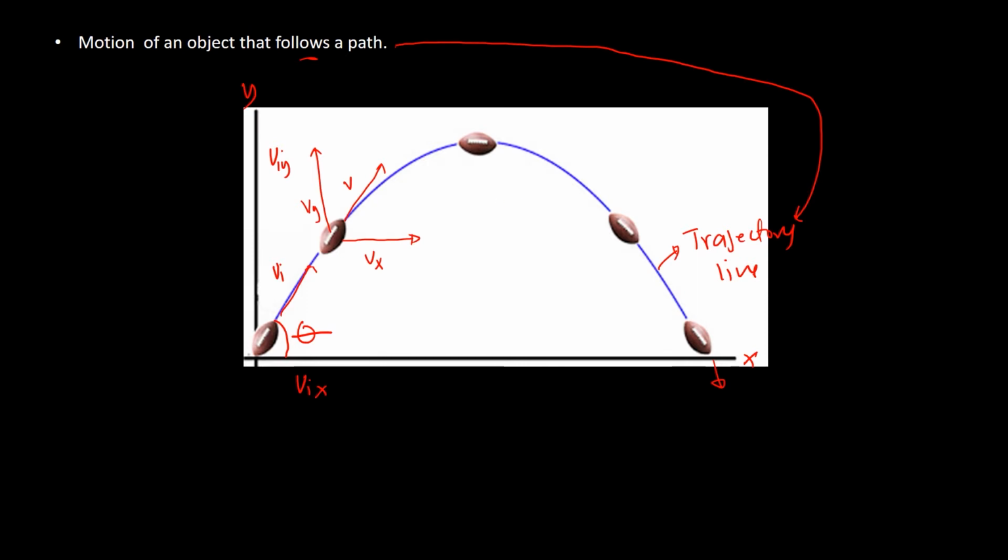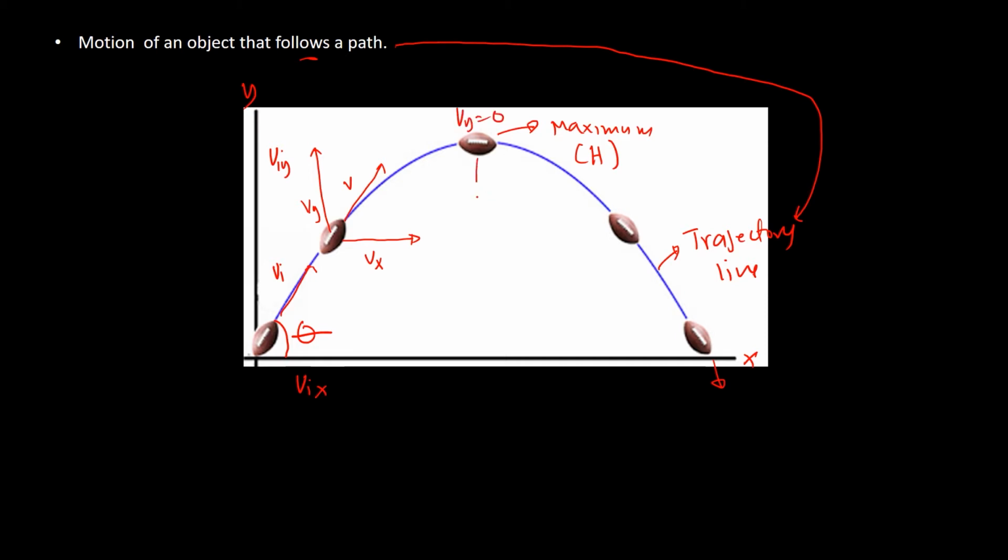The velocity here is still with respect to the velocity at the x-axis and also the velocity at the y-axis. And as the ball moves closer and closer to the maximum height, let us say this one is the maximum height, or big letter H, the velocity along the y component of the ball at the maximum height is equal to 0.